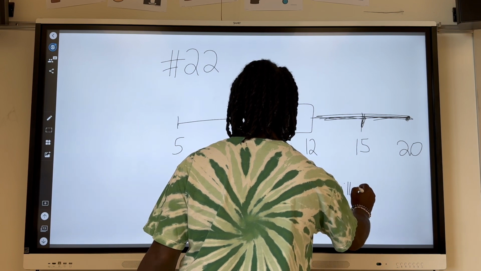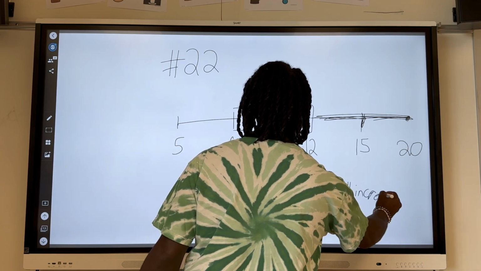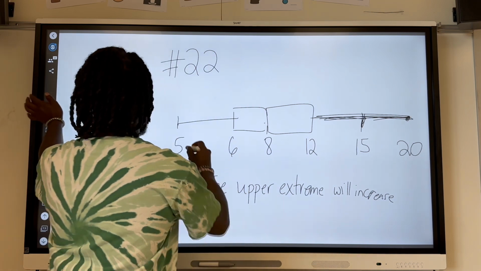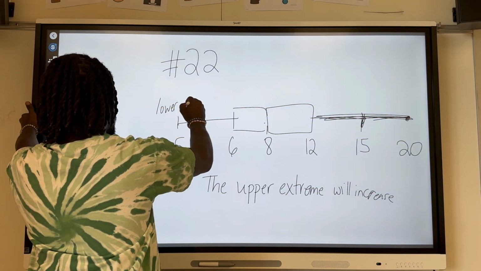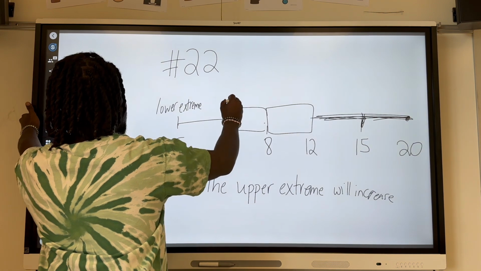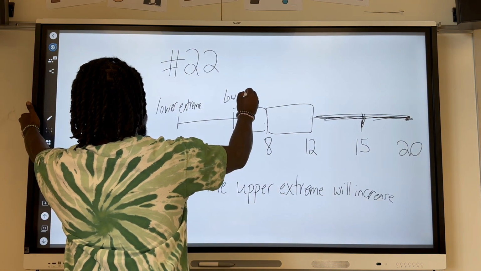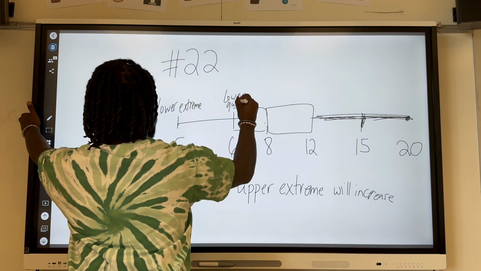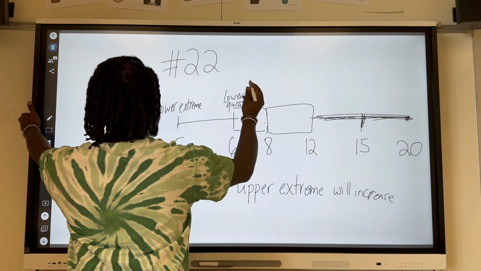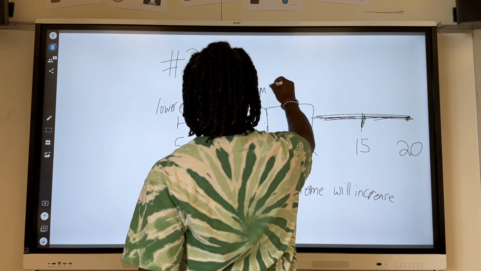will increase. Okay, and again, I should have reviewed this, but this is the lower extreme. This is the lower quartile. I spelled that wrong, but whatever. This is the median.